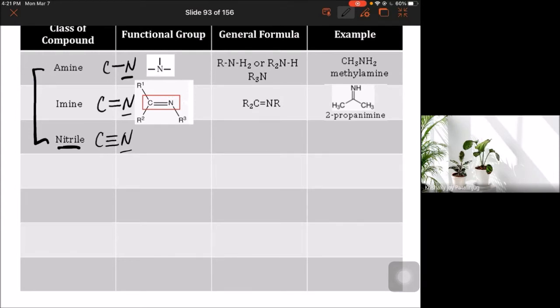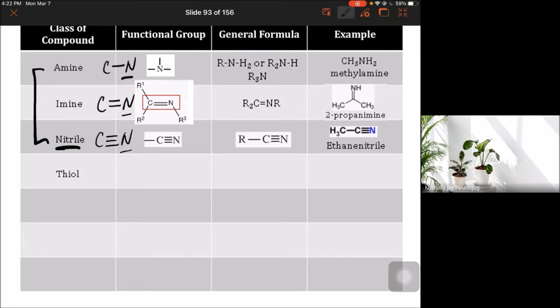For nitrile versus alkyne, both have triple bonds. In nitrile it is carbon to nitrogen, while alkyne is carbon to carbon. Okay? Let's have thiol.